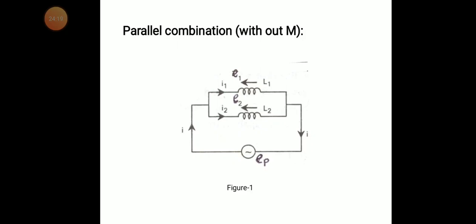This is parallel with L1 and L2, so the voltages E1 and E2 are equal to EP. The total current entering is divided into two parts, I1 and I2. After coming to the end, I1 plus I2, so the total current is equal to I1 plus I2.